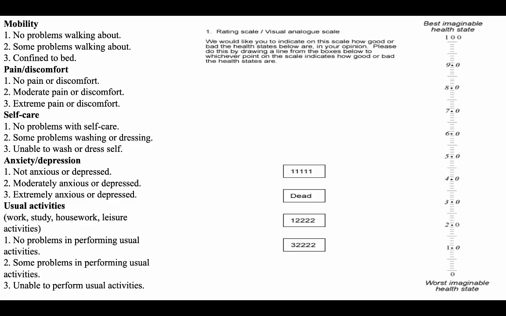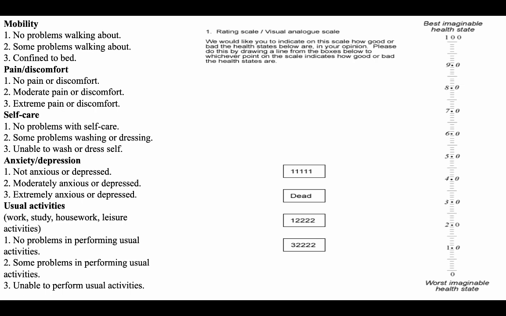And we can pull up a quick example of this. On the left, we're asking about mobility, pain and discomfort, self-care, anxiety, depression, and on a scale from 0 to 10 or 0 to 100, where do you rank your desired health outcomes?